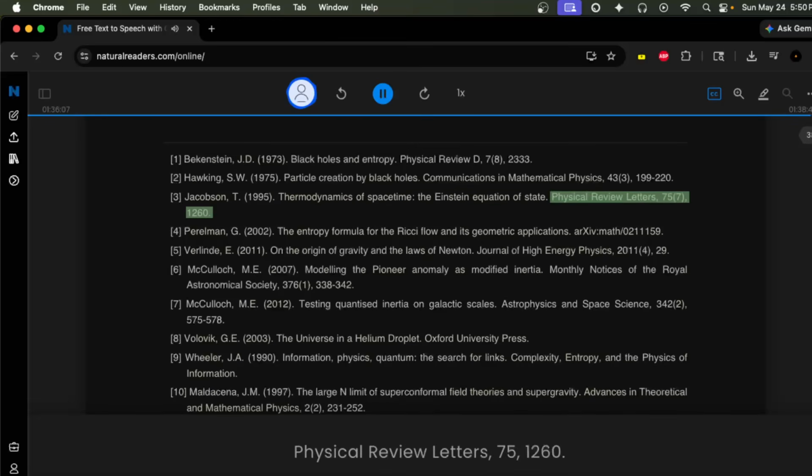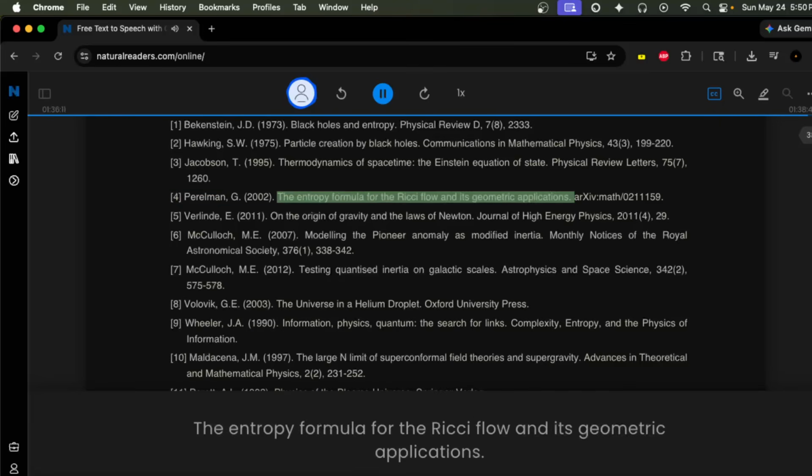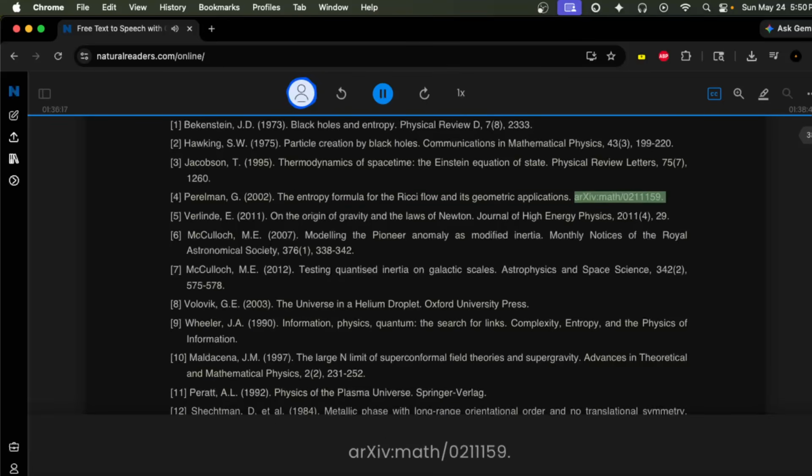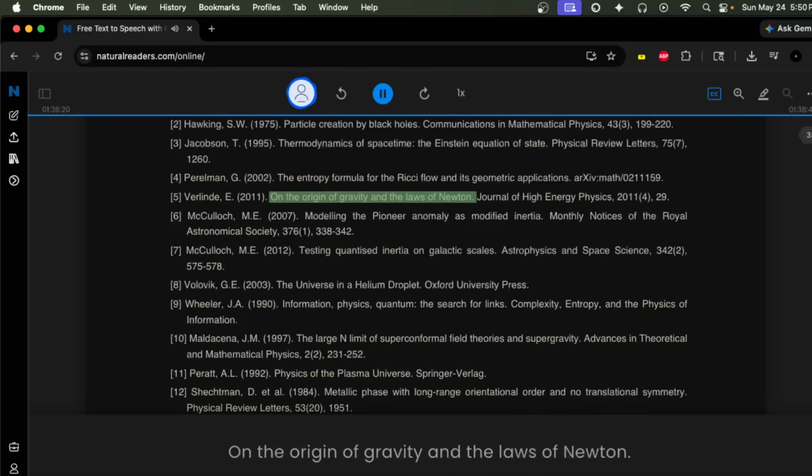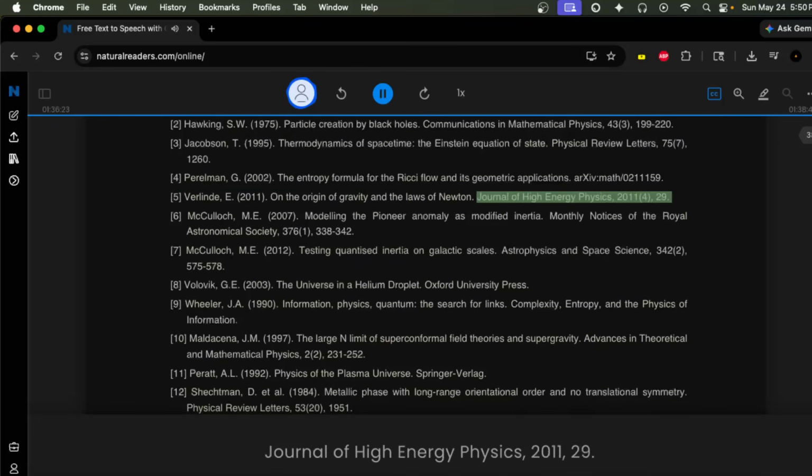Physical Review Letters, 75, 1260. Perelman, G. The Entropy Formula for the Ricci Flow and its Geometric Applications. arXiv math 0211159. Verlinde, E. On the Origin of Gravity and the Laws of Newton. Journal of High Energy Physics, 2011, 29.